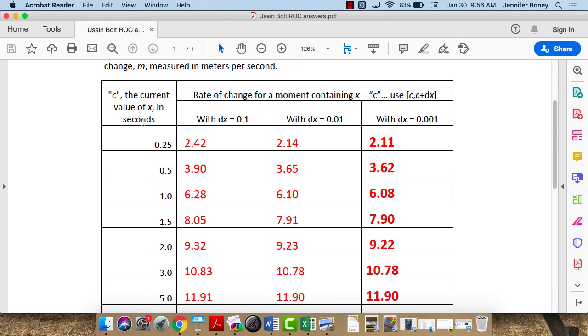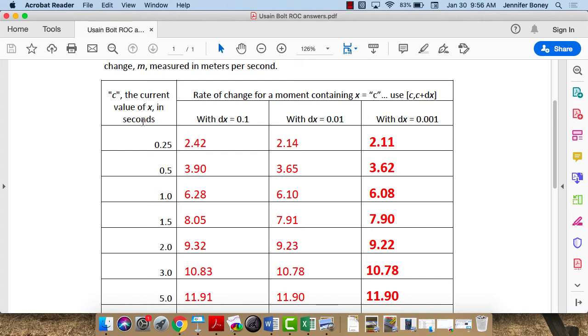But if I wanted speeds for every moment during the race, and I make smaller intervals over which I let this dx vary, then I'd have to have a lot more moments. So we were looking at smallish sizes of dx, letting dx vary, and I just picked a few points in time during the race.